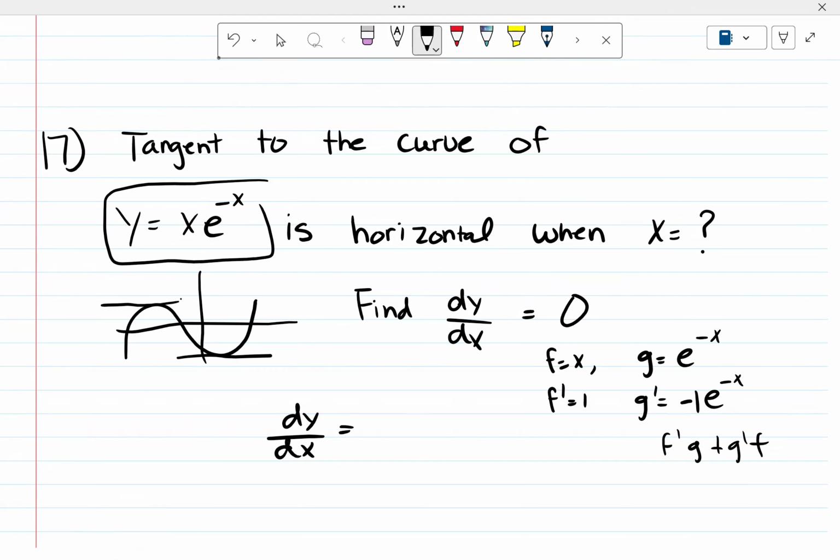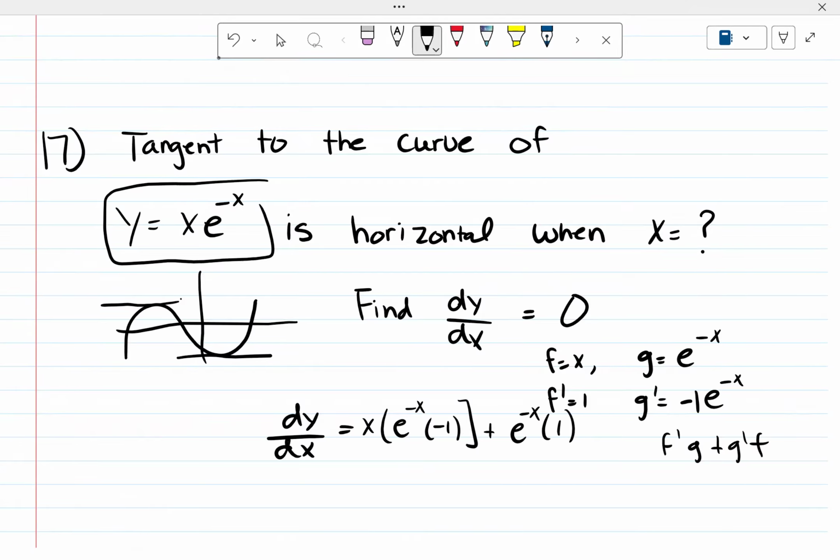Then you apply the product rule, which is f prime g plus g prime f. So f prime g is 1 times e to the negative x, plus g prime f, which is x times e to the negative x times -1.